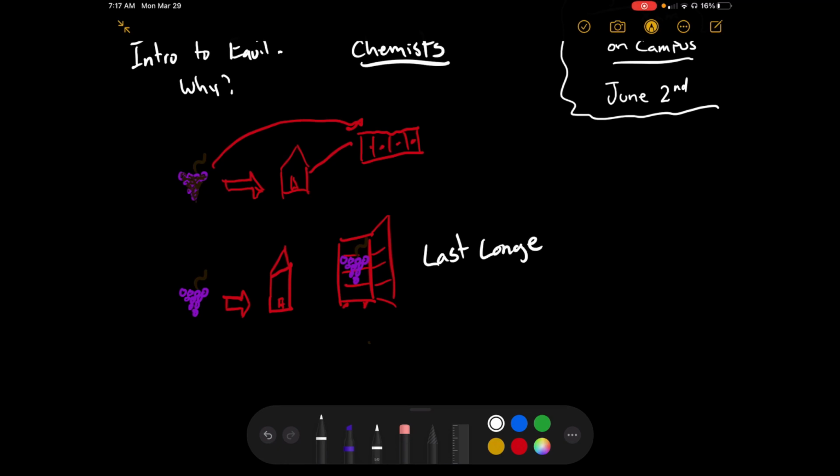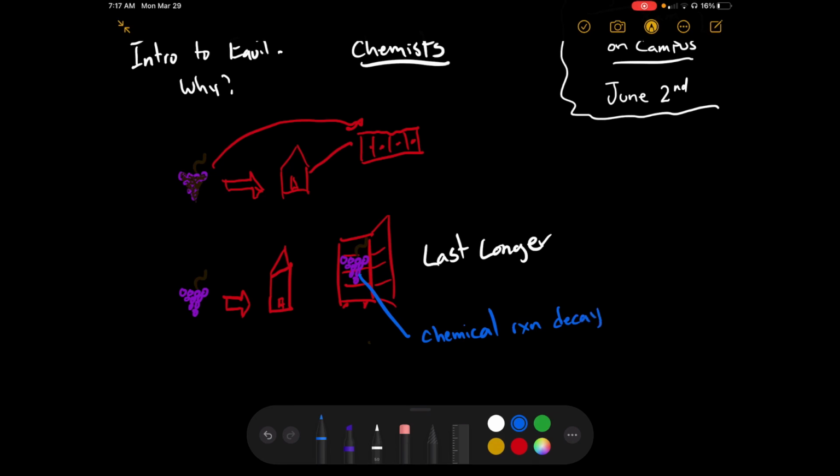And so what's happening here is that the general tendency of the grape and the chemical reaction that happens inside of these grapes is to basically decay, to go back and release its energy. The chemical reaction is to decay.